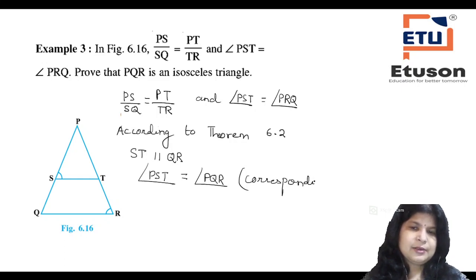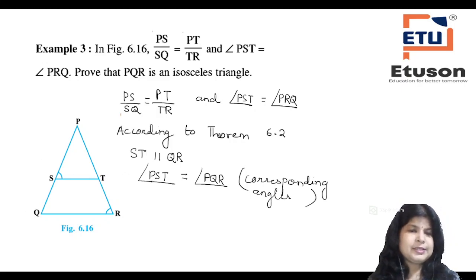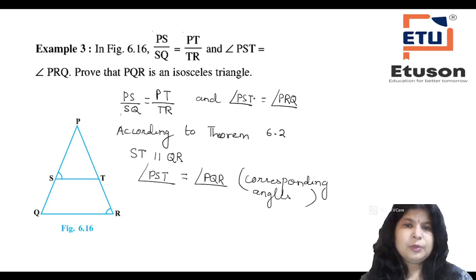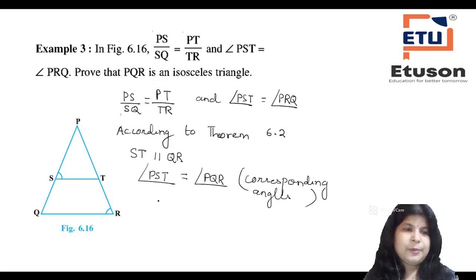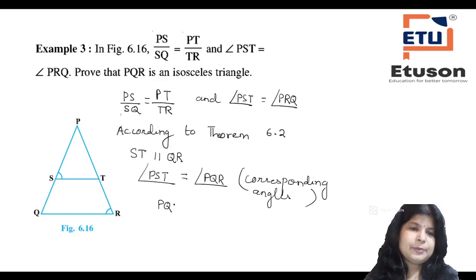So these are the corresponding angles, right? So PST is equal to PQR. Now PST is equal to PRQ also. So that means you have angle PQR is equal to angle PRQ.